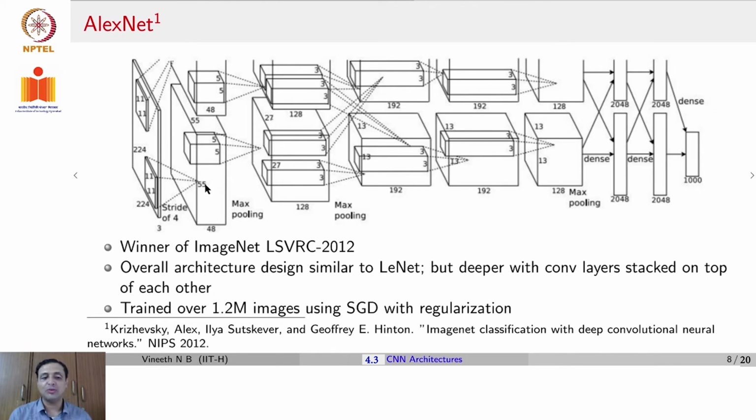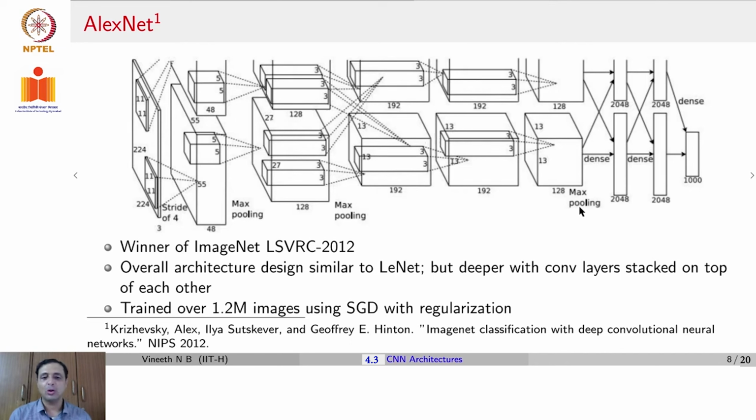This led to a 55 cross 55 cross, totally 96 filters were chosen, of which 48 filters went to one of the processing units, and the remaining 55 cross 55 cross 48 went to another processing unit. We'll try to describe this in more detail over the next few slides.